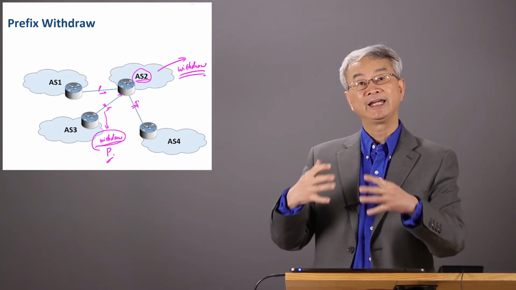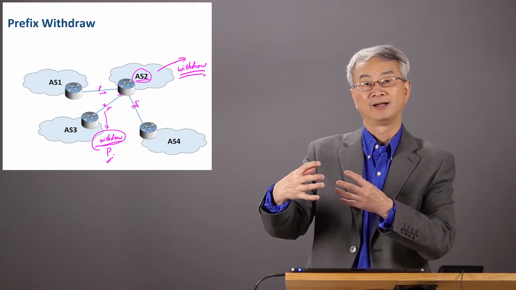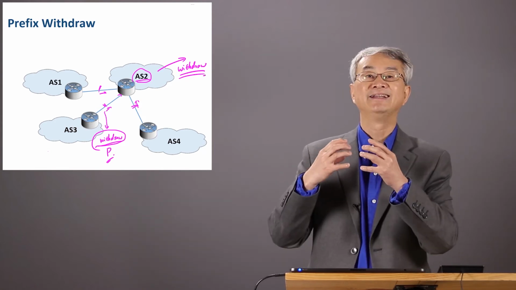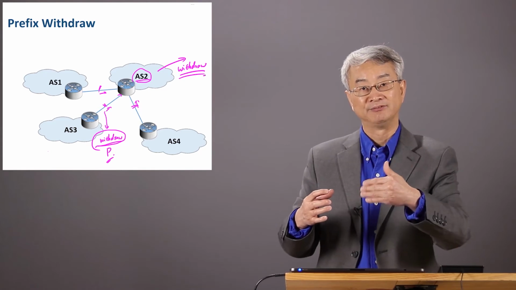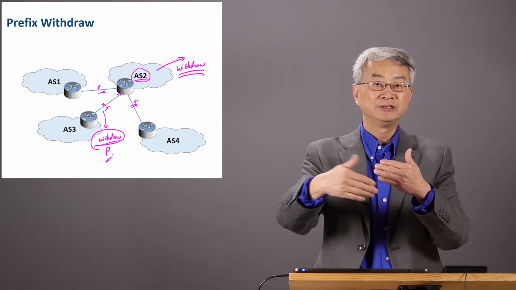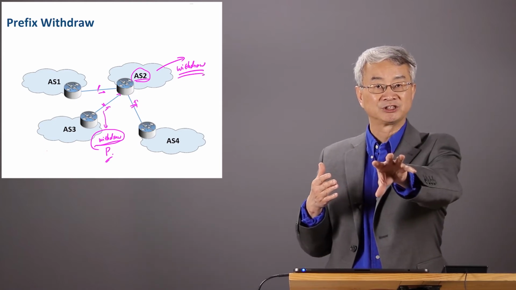And you can see that if a network gets disconnected and there's no other route to reach it, the neighboring autonomous system is eventually going to find out. That's the main purpose of keep alive. If I don't receive the keep alive message from you, I'm going to know that the network is down.